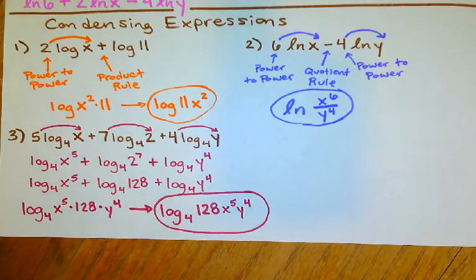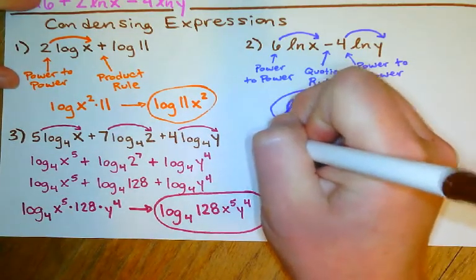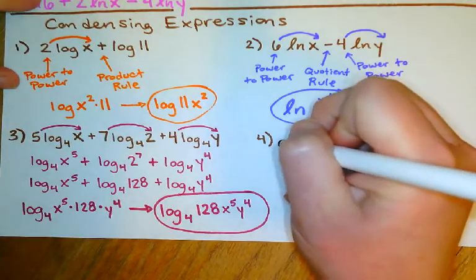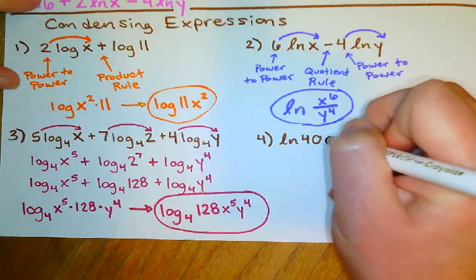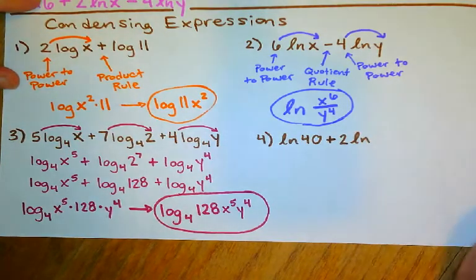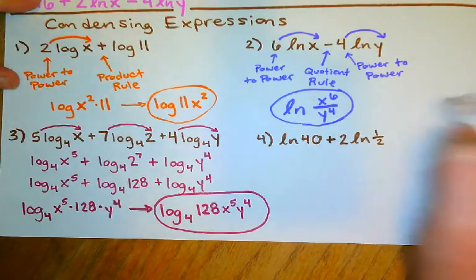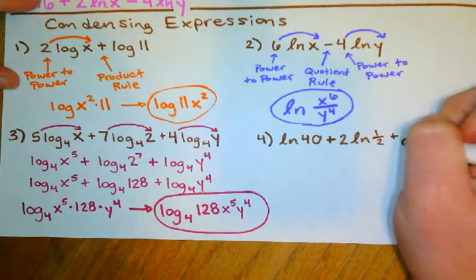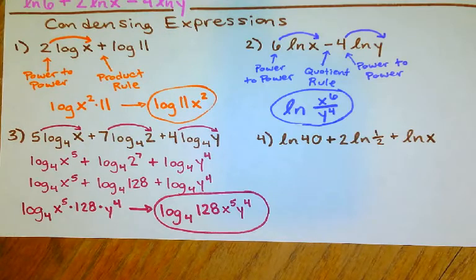Alright, maybe do one other example. Let's say we've got the natural log of 40 plus 2 natural log of 1/2 plus natural log of x. Alright, to condense this, again, if it helps, do it one piece at a time.